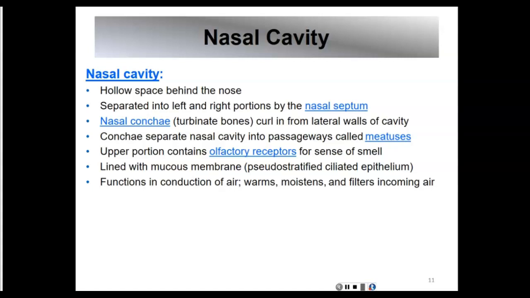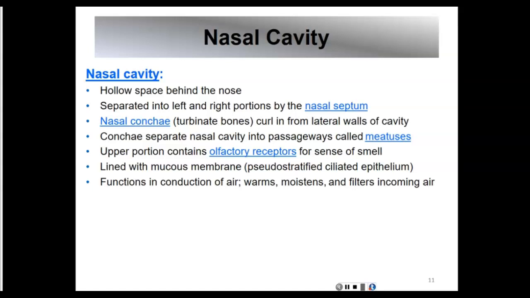They are these curls of tissue that curl over bones called turbinate bones, and they're on the lateral walls of the cavity. They separate the nasal cavity into passageways called meatuses. Just know that the nasal concha, that's probably enough. I'll show you an image soon.